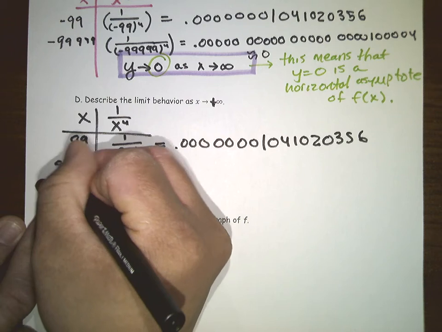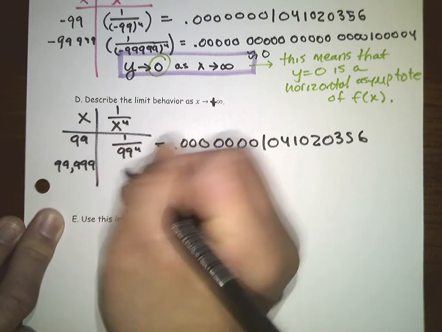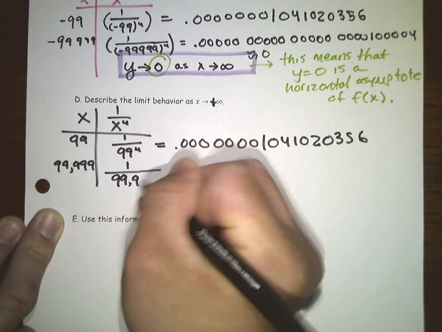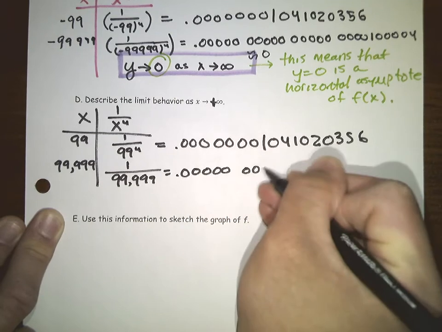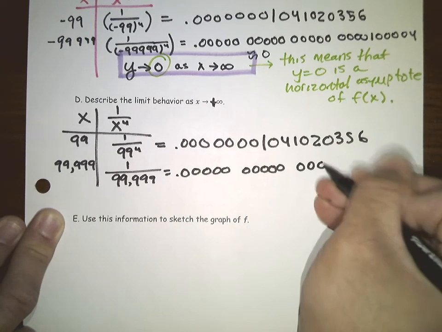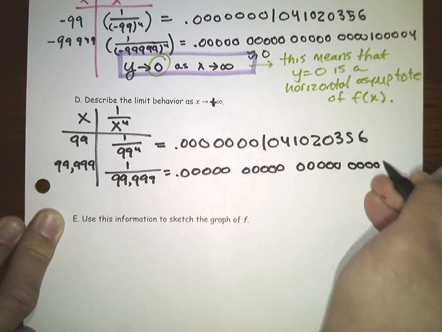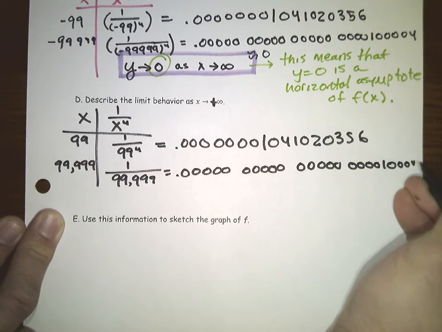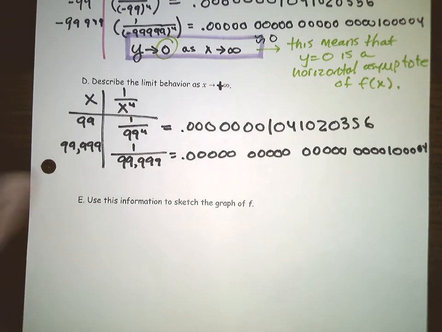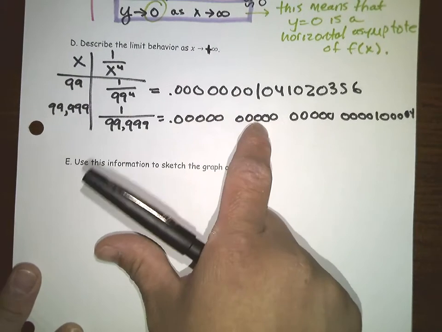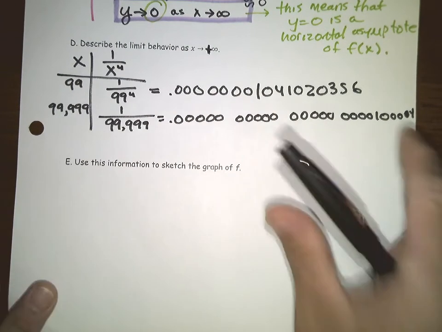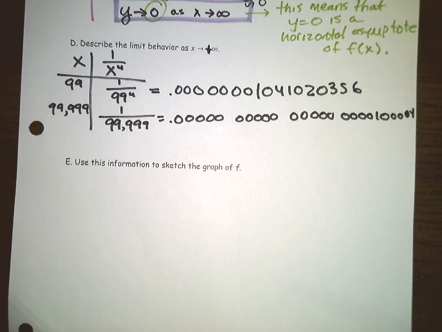And if I have 99,999, 1 over 99,999, I get 0.000000000000000000004. All right, I hope that you enjoyed that. If you noticed, I grouped the zeros 5 at a time so that it would be easier for you to write out if you were following along.